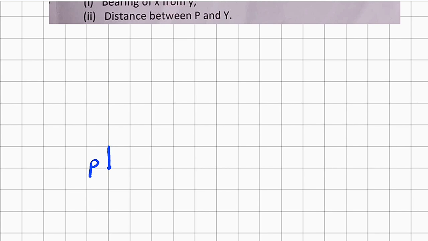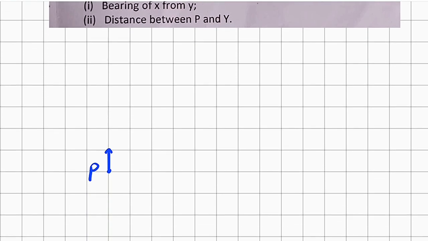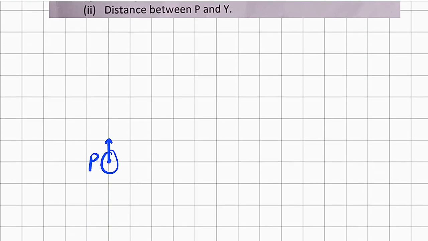So this is the north pole of point P. Then we are going to calculate 57 degrees from this point heading to X. You know that this is 90 degrees, so we would like to compute roughly 57. It is going to be an estimation. So something like this.